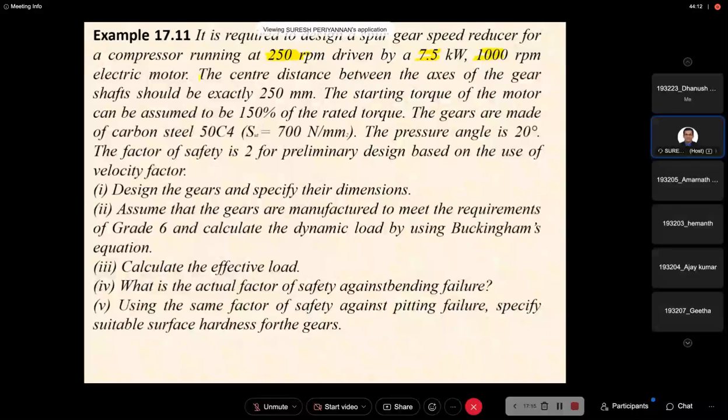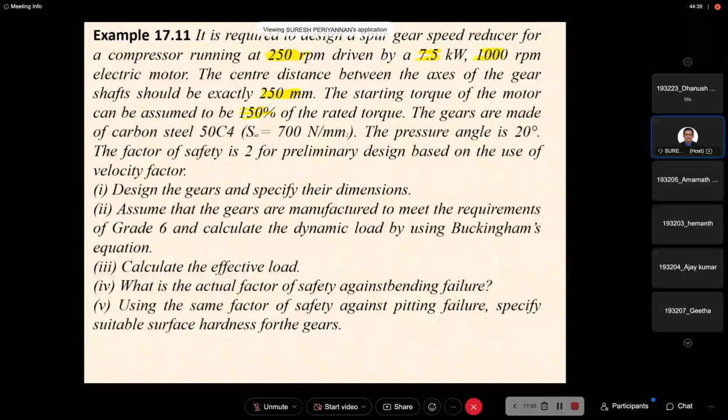Now in the problem, they have given the design: the center distance between the axes of the gear and pinion should be maintained at 250 mm. The starting torque of the motor is 150, and the service factor is given.